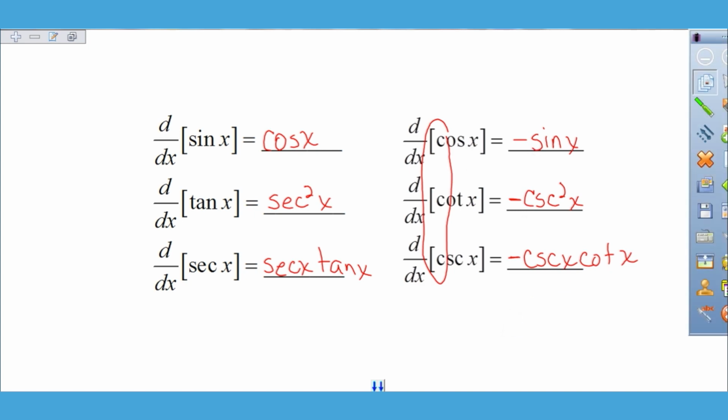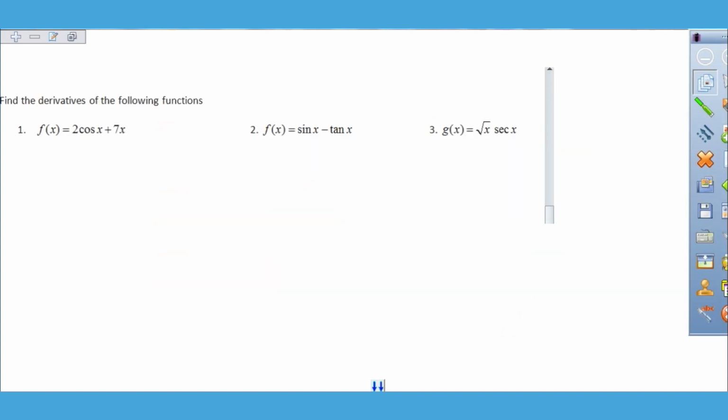Okay, so now we're going to use that. You ready? Here we go. In number 1, you have a trig function and a normal function added. So you're going to take the derivative of this trig function plus the derivative of this normal function. That's all you do. So the derivative of 2 times a function is 2 times the derivative.